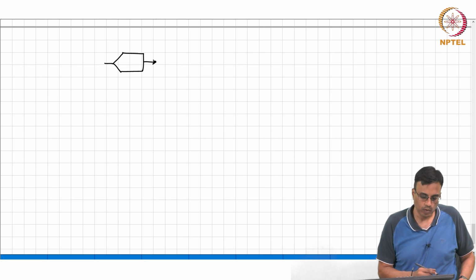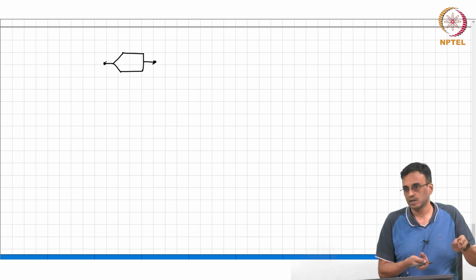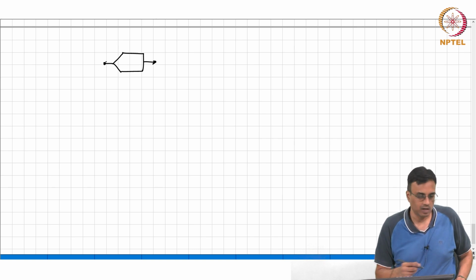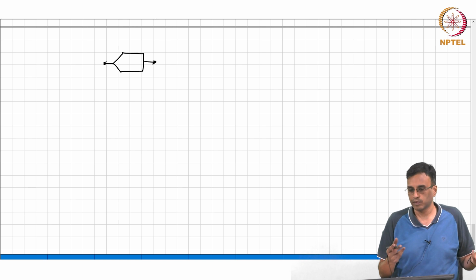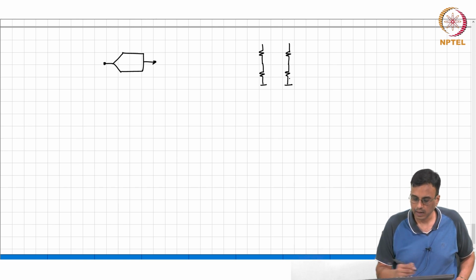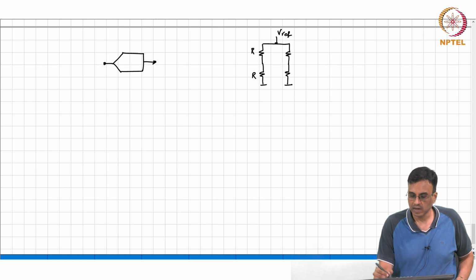For example, maybe you have a multimeter and you want to measure voltage, or you want to measure the weight of an object, which is usually measured by a sensor that is some kind of bridge, and these are two identical resistors, connected to some voltage Vref.